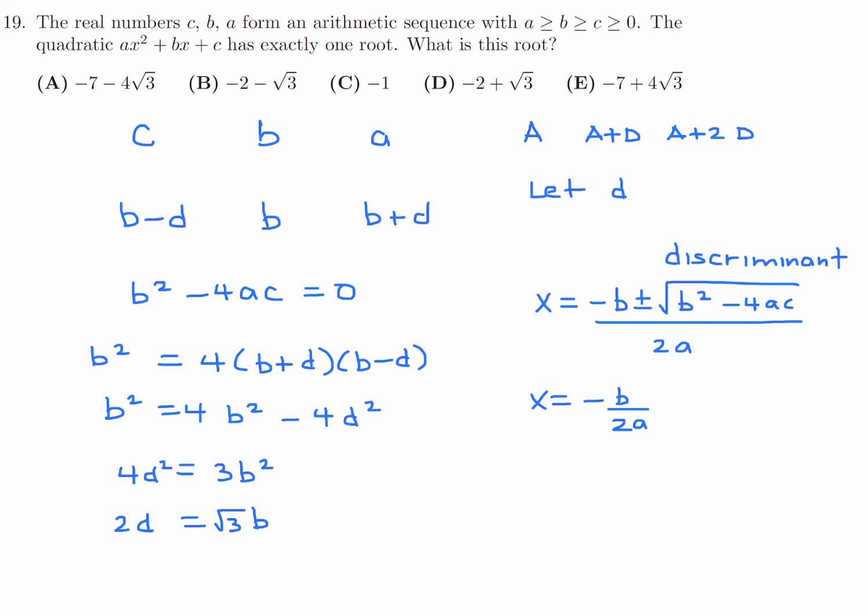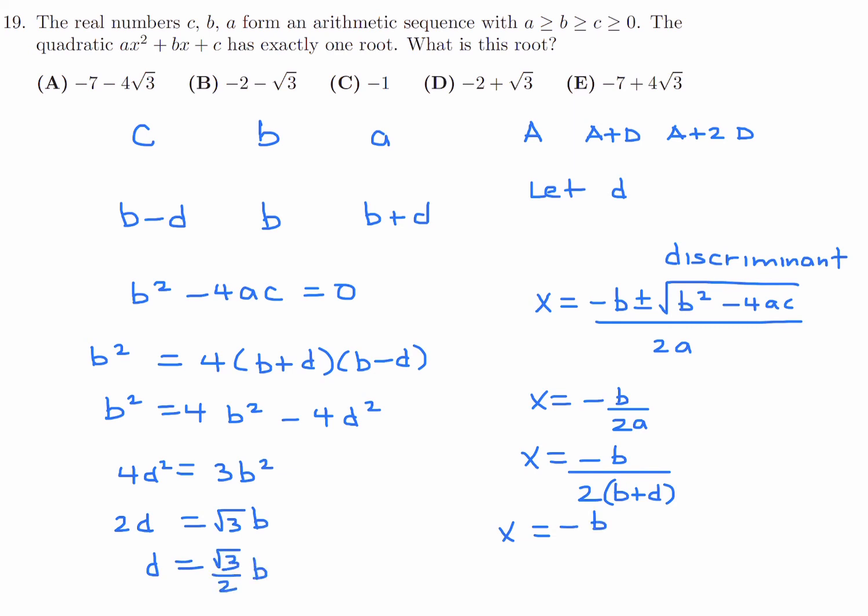So now I can calculate that one root. And that one root will be x is equal to minus b over 2a. And a is this guy, b plus d. Well, d and b, I have a relationship, so I can substitute that in. Instead of d, I will put in d in terms of b, which is root 3 over 2 b.